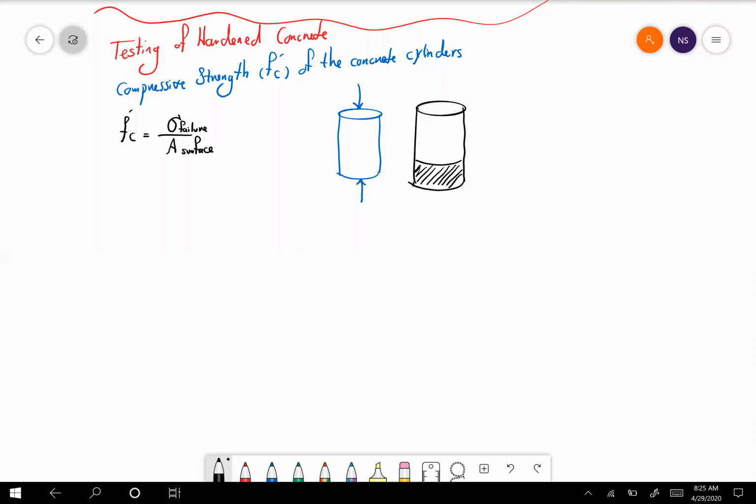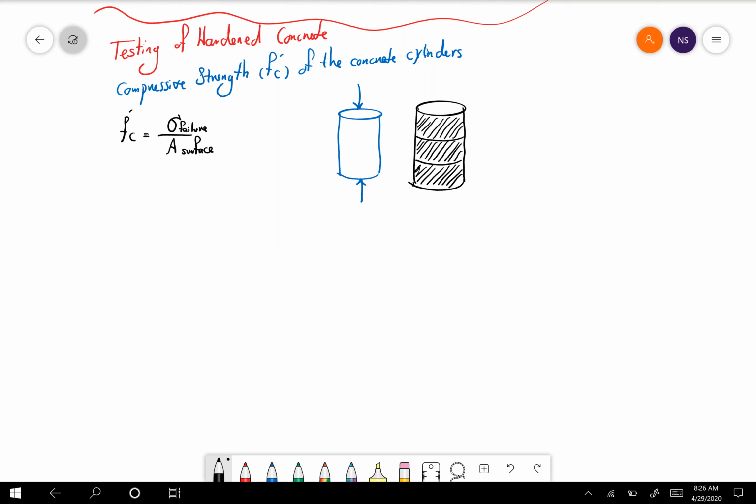We use a rod to make sure that we have minimal air voids in the concrete layer, and then we fill the second 1/3 of the cylinder height, and we do the rodding 25 times only in that layer, and then we finish with the third layer and again rod 25 times to make sure that it is uniform.